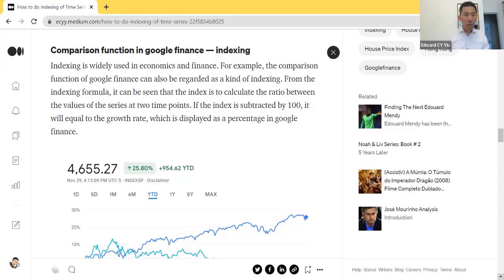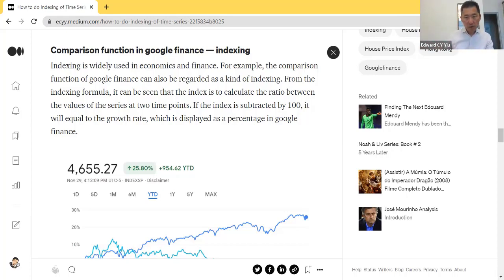So here, for example, if you use Google Finance to compare the performance of different stocks, here I also provide you an example. Indeed, they are also using indexing, but they are reporting the growth rate rather than the index. So in other words, they have already subtracted 100 and report the growth rate.